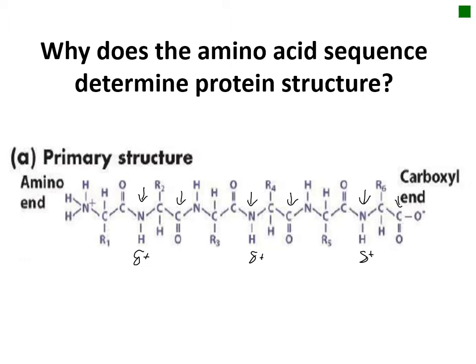This is also a polar bond, leaving oxygen with a partial negative charge. So the oxygen of the carboxyl groups can form hydrogen bonds with the hydrogen of the amino groups. These interactions cause localized folding in the polypeptide, resulting in the secondary structure.